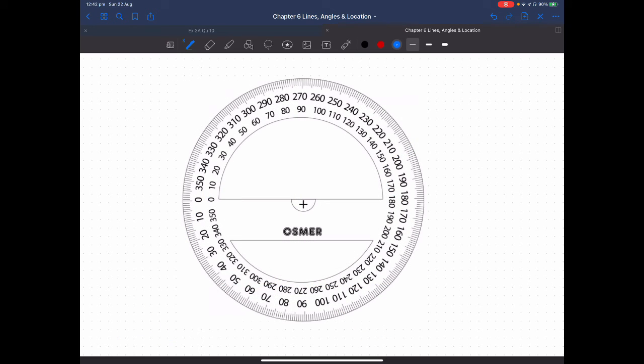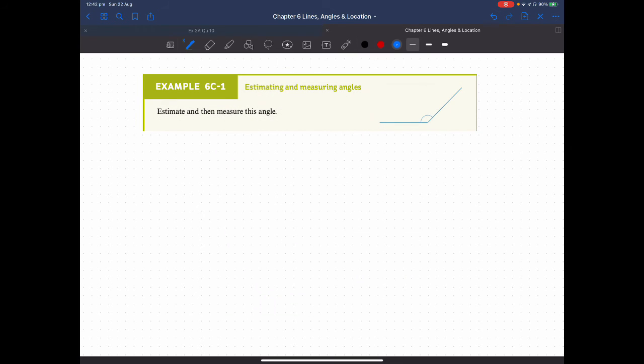This is what a protractor looks like that has 360 degrees on it. It's in the shape of a circle. In this example, we're asked to estimate, then measure this angle.